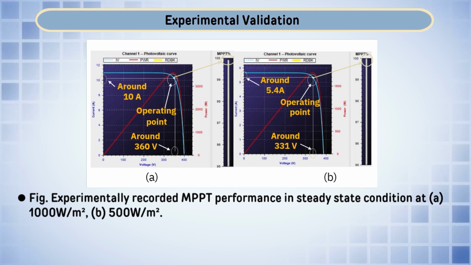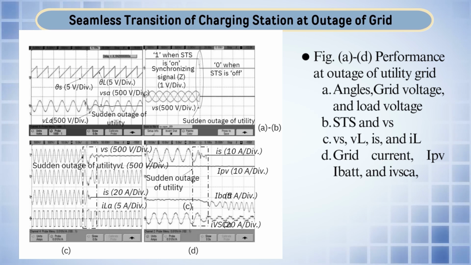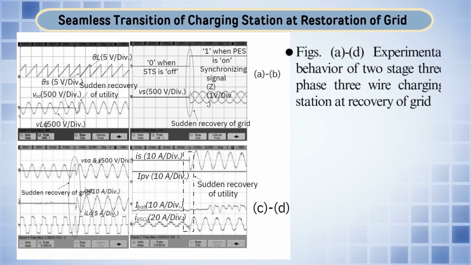This picture is shown for MPPT performance in steady state under 1000 watt per meter square and 500 watt per meter square. Similarly, we have some results drawn from the experimental prototype, and these results similarly follow the simulated results which we have shown earlier under grid disturbances.